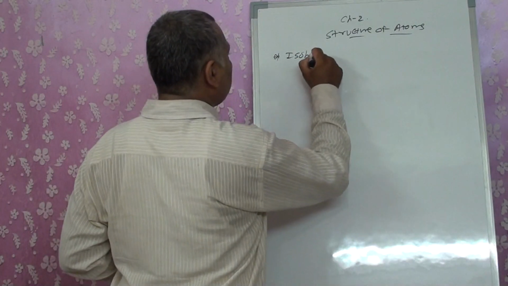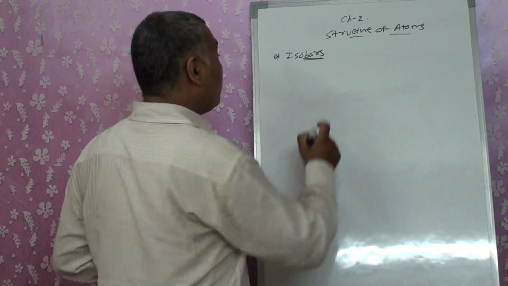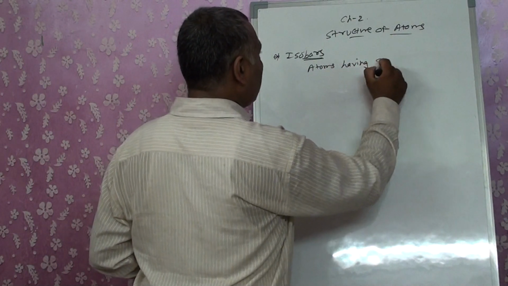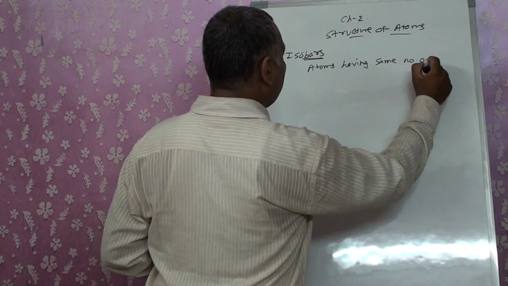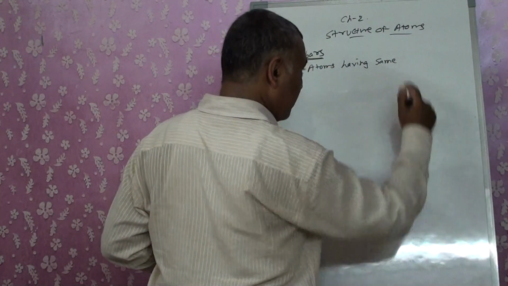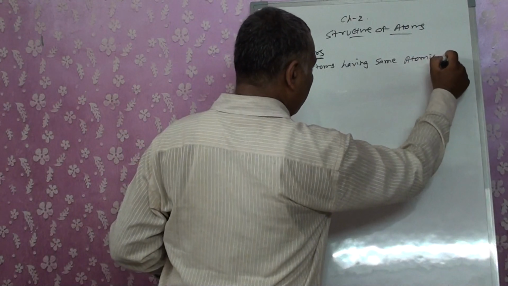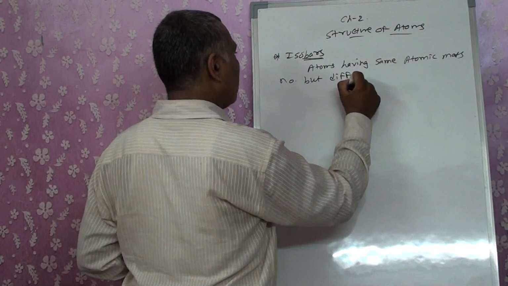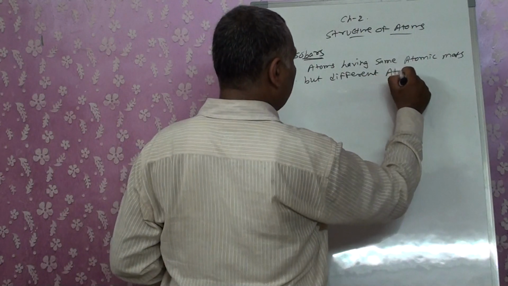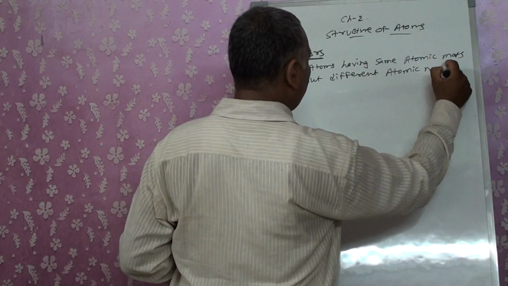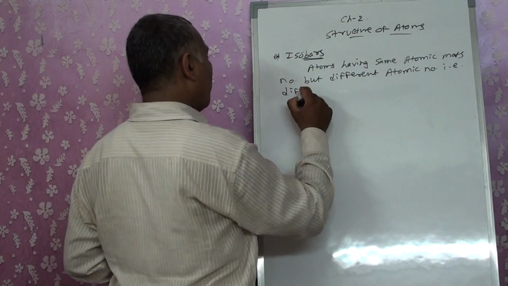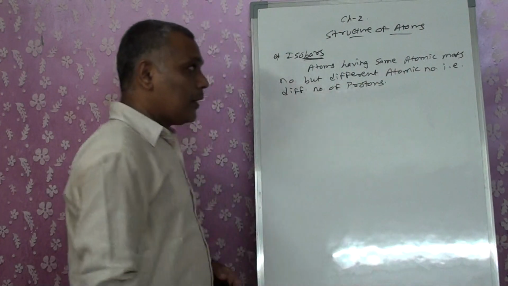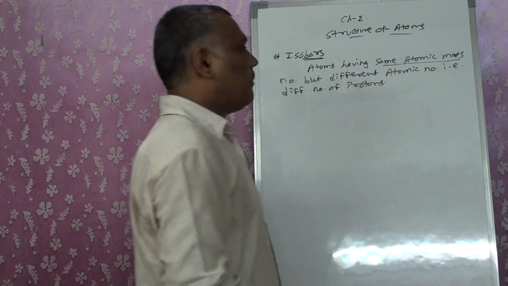So the word is isobars. Isobars means atoms having the same atomic mass number but different atomic number, that is, a different number of protons.